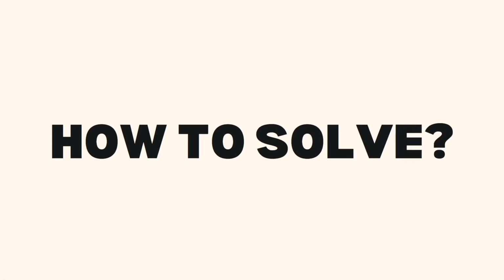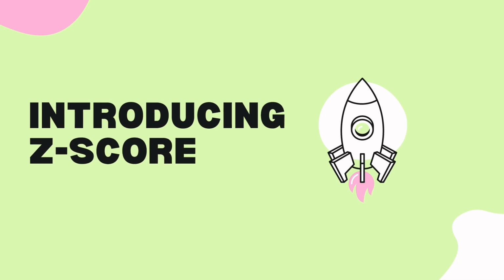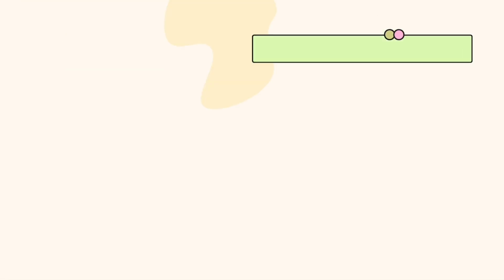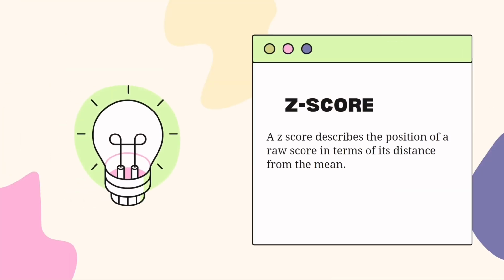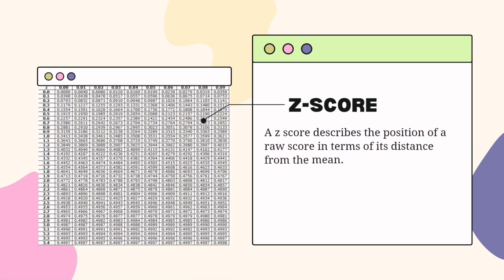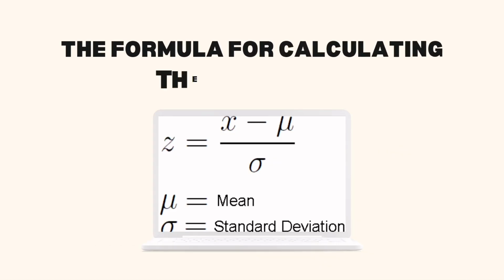In order to solve a standard normal distribution, we first need to know what a z-score is. A z-score describes the position of a raw score in terms of its distance from the mean. The formula for calculating the z-score is shown here, where x is the data point, mu is the mean of the distribution, and sigma is the standard deviation of the distribution.